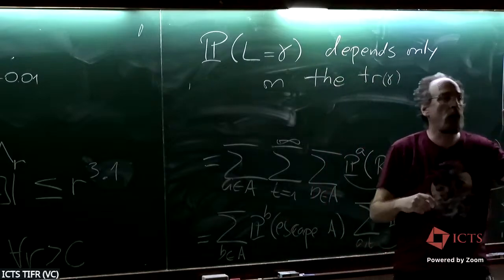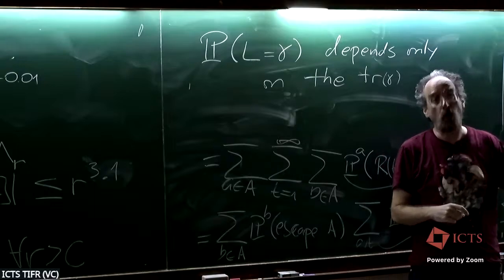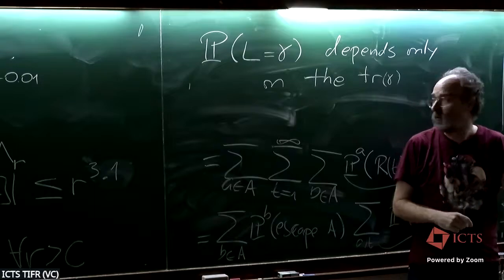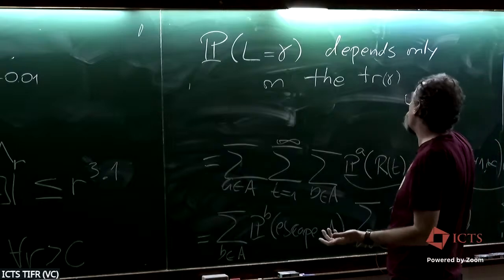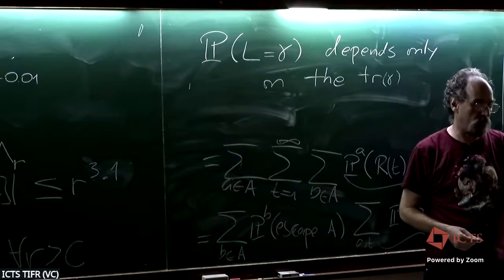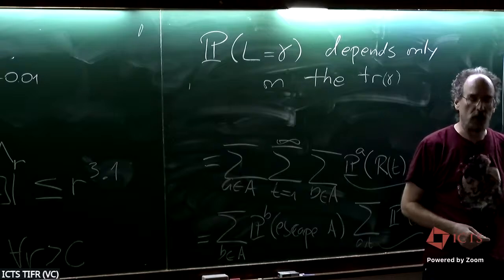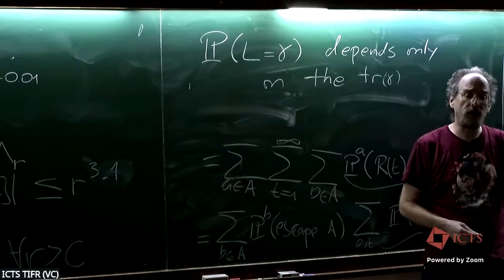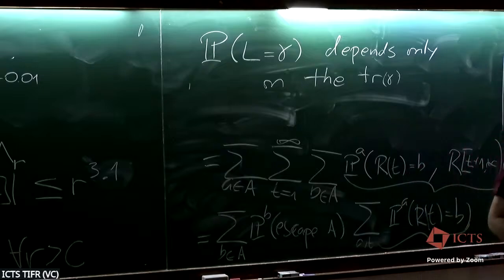It depends only on how many times gamma traversed each edge, but not on the order in which it traversed the edges. Let's call it a trace anyway. This is called partial exchangeability. And linearly reinforced is the only reinforcement scheme for which this is true. And this is the main engine behind all the research on this.